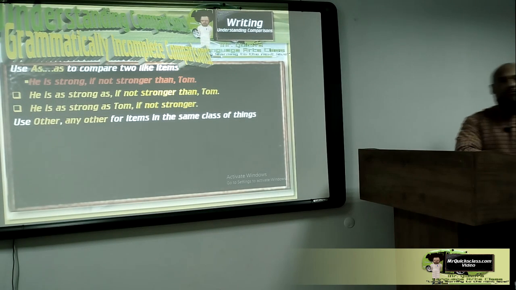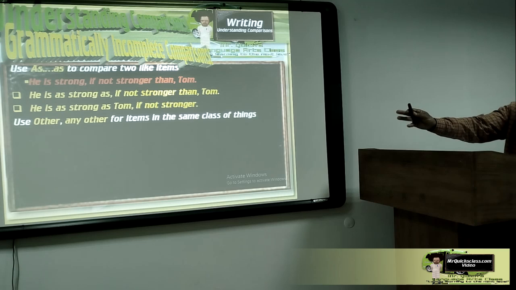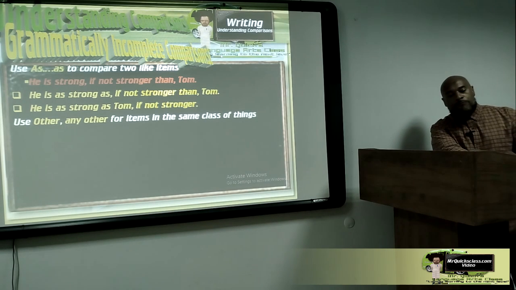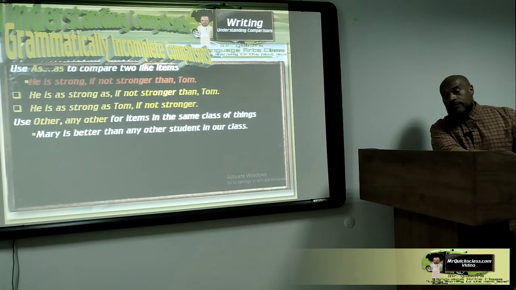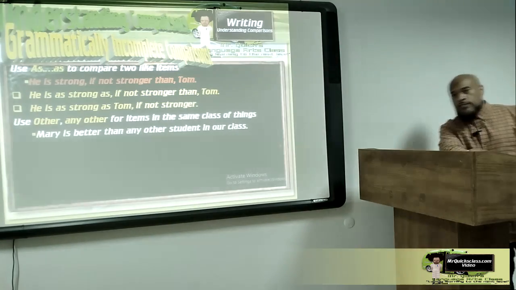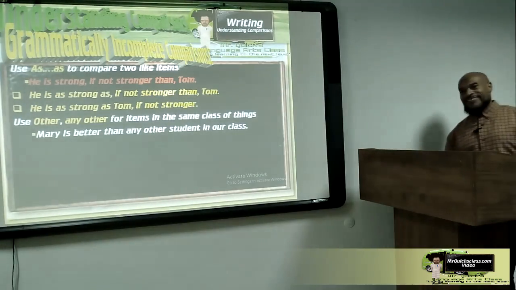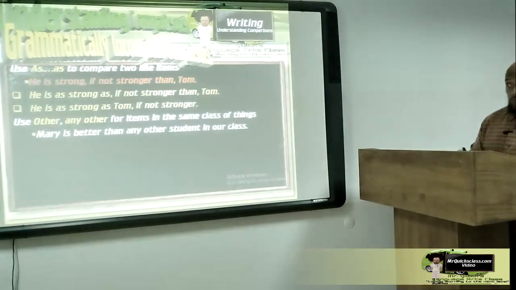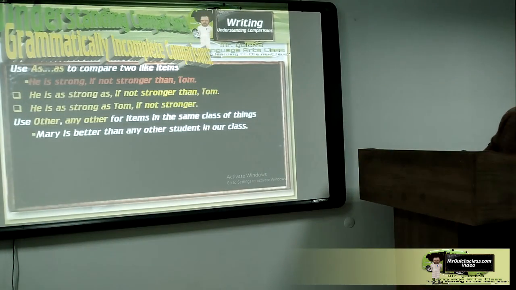Okay, now use any other for items that have the same class of things. Let's look at this sentence. Sama, could you tell us if this is correct? Yes.